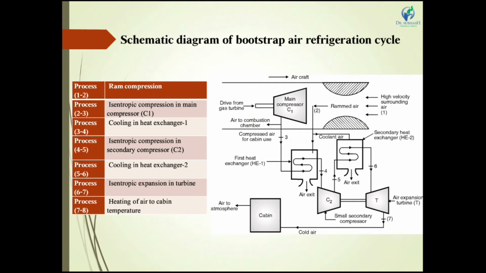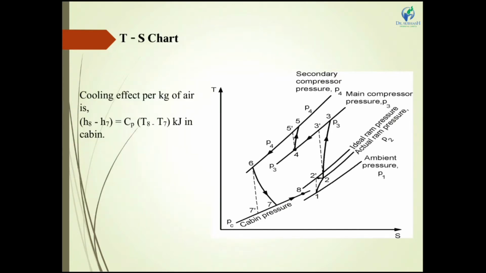After the last process, we reject this air to the atmosphere. In this diagram, at point 8 we do not draw any line extending from it, because we reject all the air to the atmosphere.